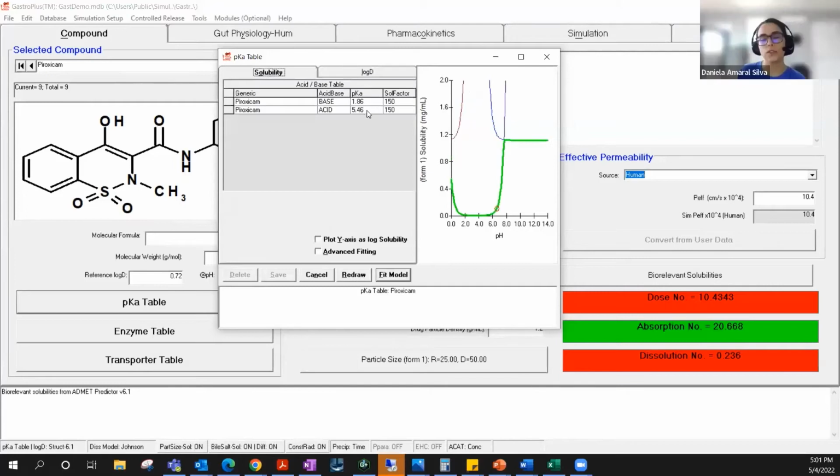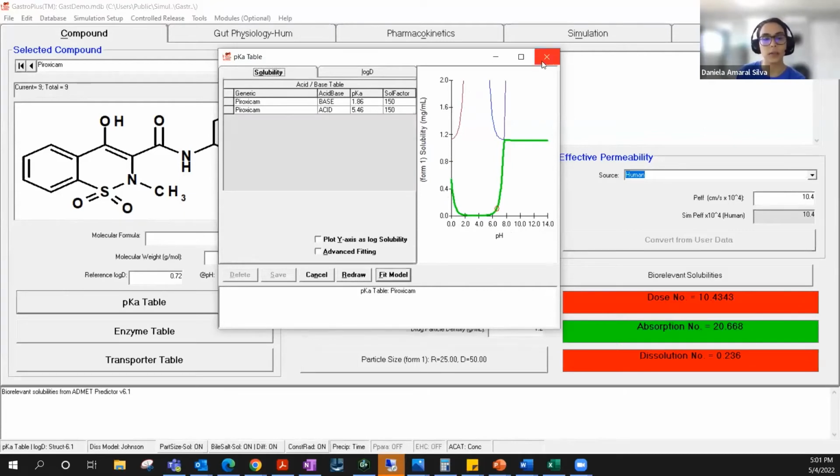Right. And also we would make them think, okay, this is the solubility profile that I have in this pH range. So when I look into my gastrointestinal tract, how is the drug going to behave in different segments?